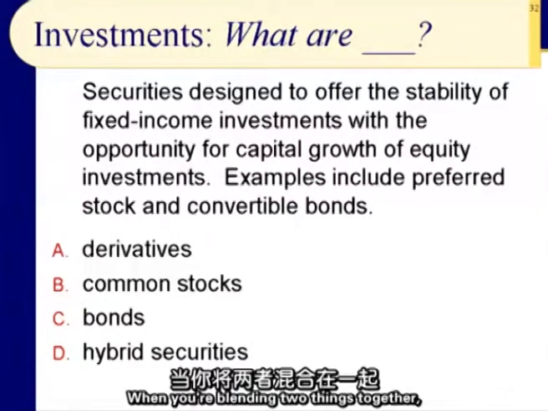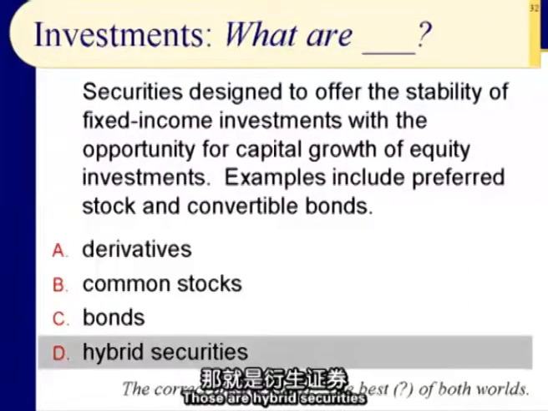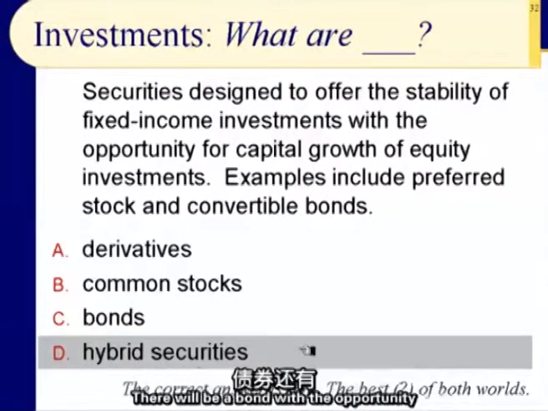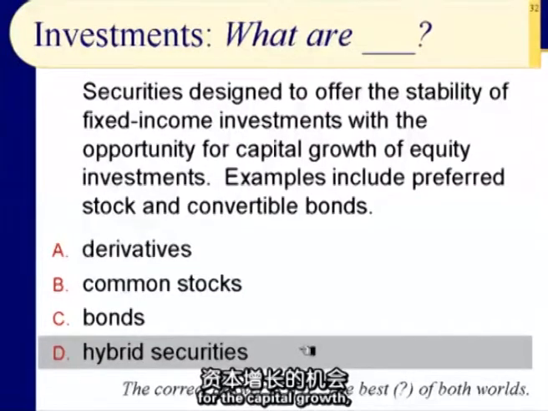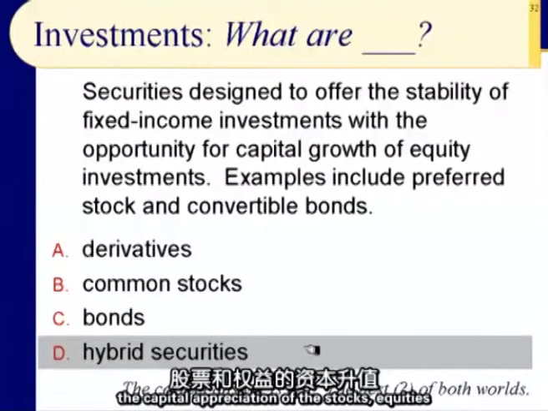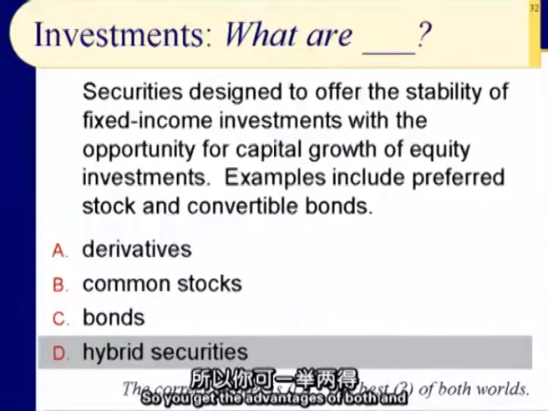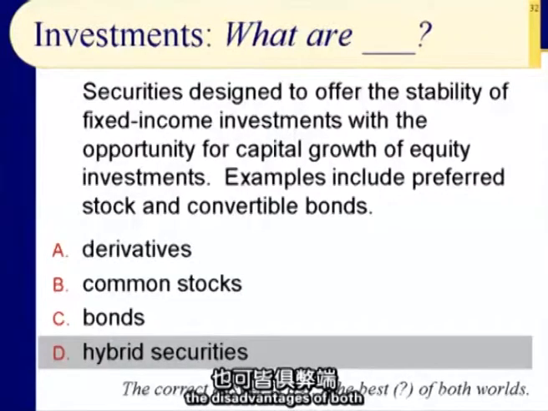When you're blending two things together, those are hybrid securities, right? The stability of fixed income investments, stability of bonds, with the opportunity for the capital growth, the capital appreciation of stocks, equities. The best or the worst of both worlds, right? So you get the advantages of both and the disadvantages of both.